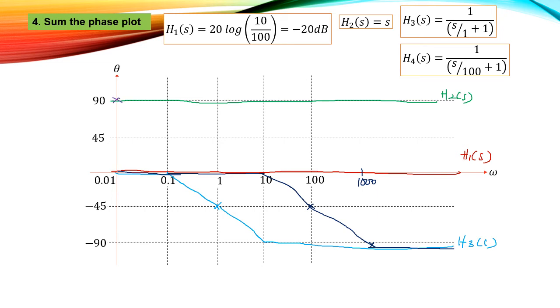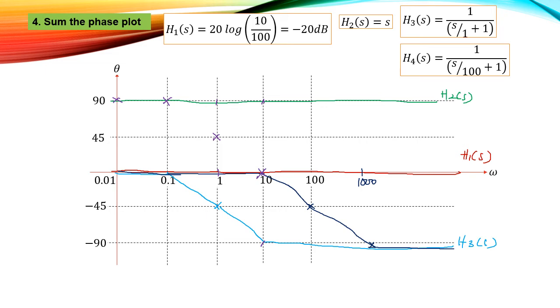And then at 0.1, you have 90 degree plus 0, again 90 degree. And then at omega equal to 1, you have 90 degree plus 0 is 90 degree, minus 45 is positive 45. Okay, and at 10, you have 90 degree plus 0, minus 90, so you get 0.